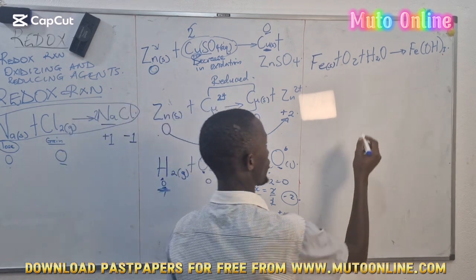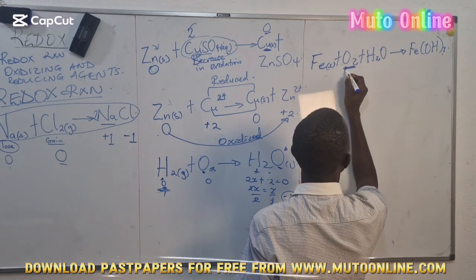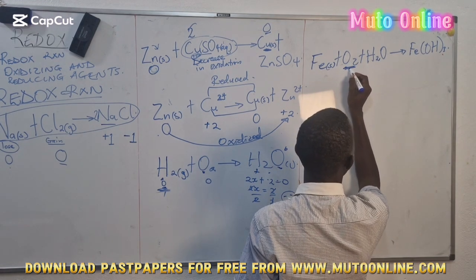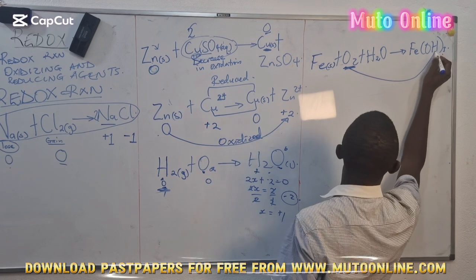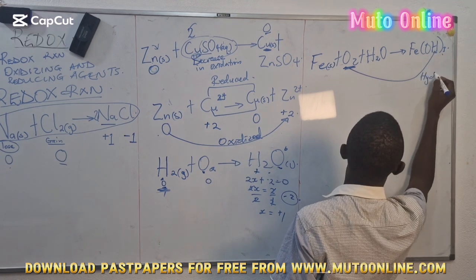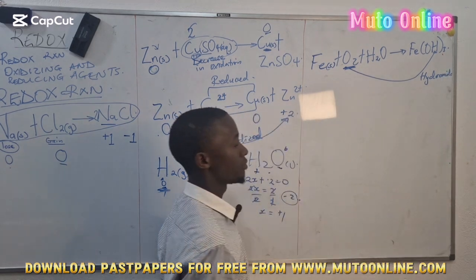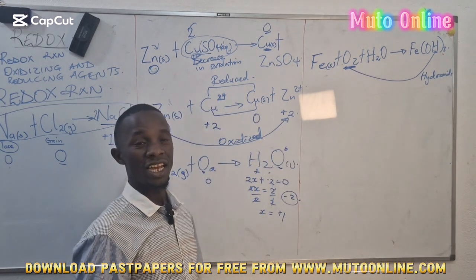In this reaction, we are going to find that this oxygen has been reduced. Why? Because hydrogen has been added to it to form a hydroxide ion. So it is a reduction in that direction.